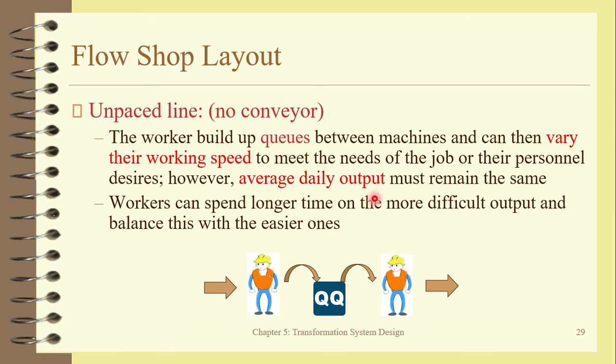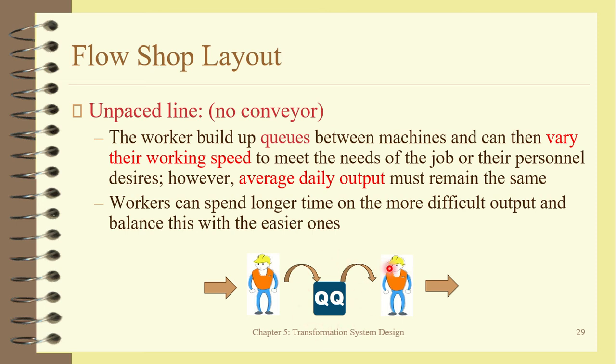But for the unpaced line, the way they control the pace of the system is by the workers themselves. The worker builds up a queue between machines, and then they can vary their working speed to meet the need of the job or their personal need. Meaning that you can see here they have some sort of buffer.